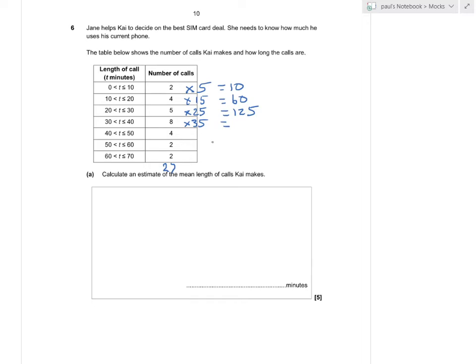8 times 35 is 280, and the midpoint of that one is 45, that's 180. And the midpoint of that is 55, so that's 110. And the midpoint of that is 65, so that's 130.